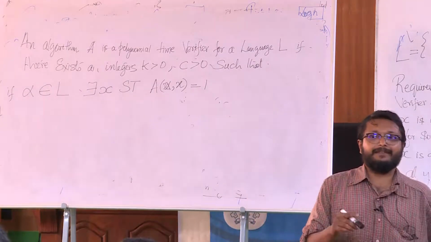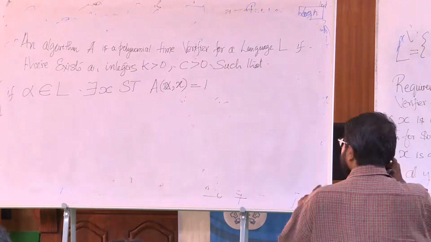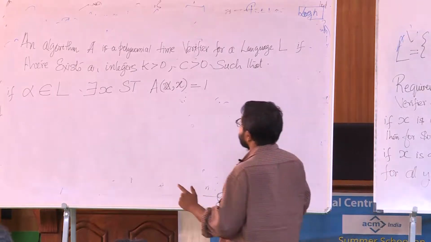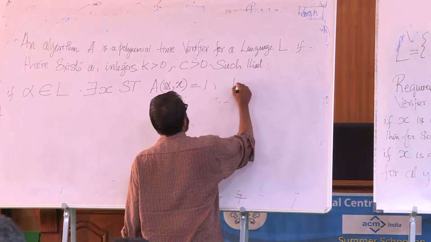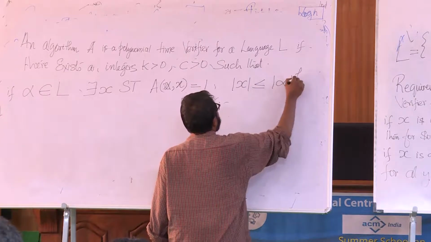Now I put that k constraint. I want to say that there exists an x such that the length of x is bounded by length of alpha raised to k.